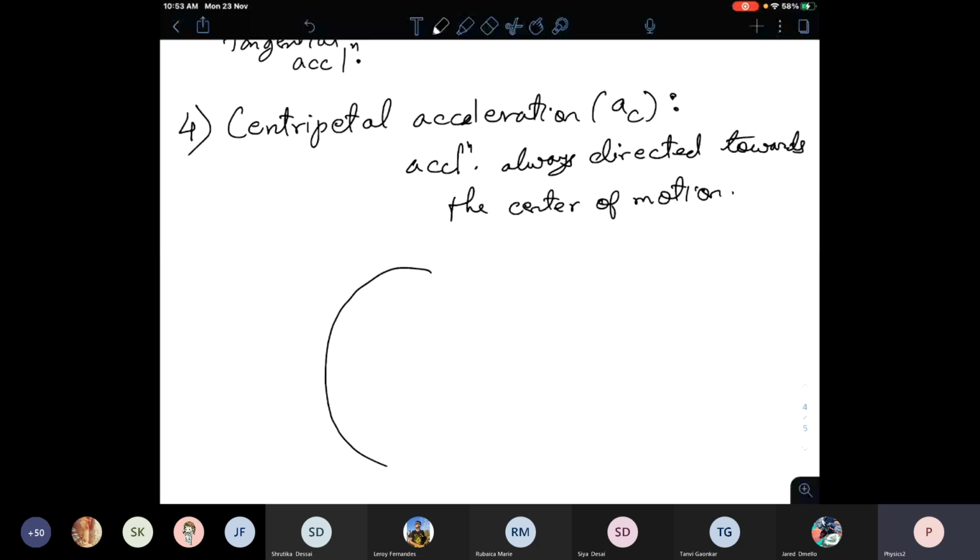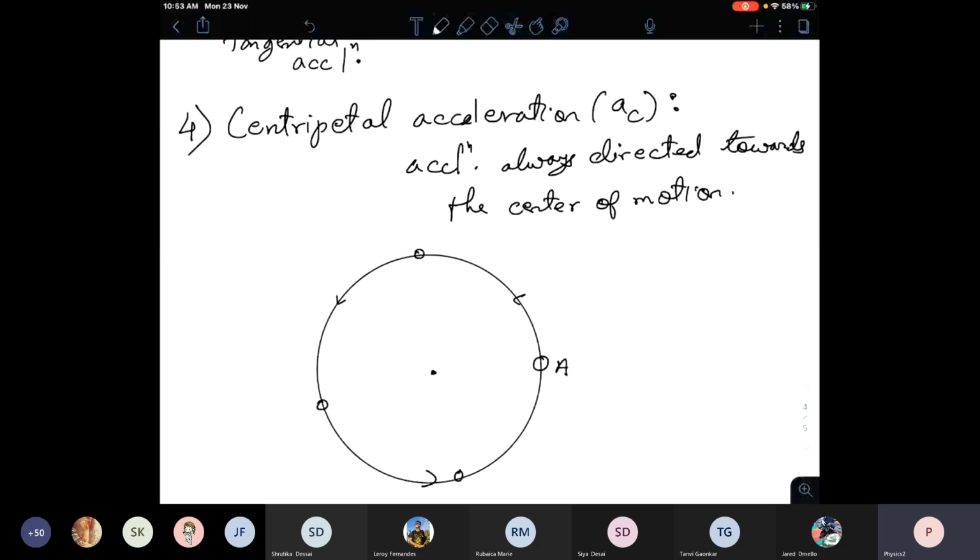Suppose it is at A point. At A, the centripetal acceleration is towards the center O, that is towards the left. If it is at B, it is towards O, that is downwards. If it is at C, it is towards the right. If it is at D, it is upwards like this.